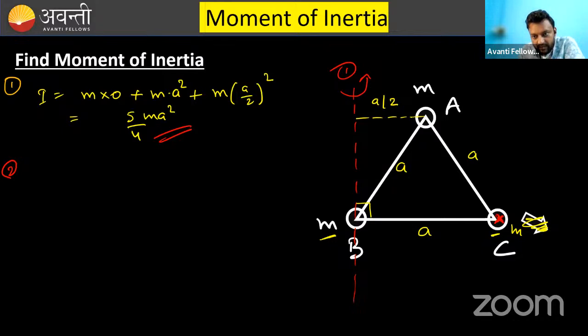This cross symbol indicates that the axis is going into the plane. That means the axis is going into the plane of the paper, passing from point C. That is, if this loop is in the XY plane, the axis is the Z axis.